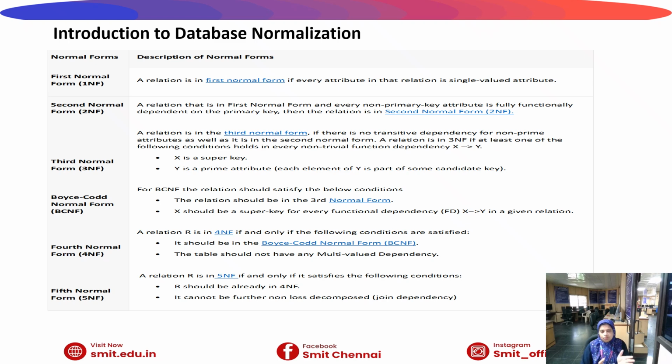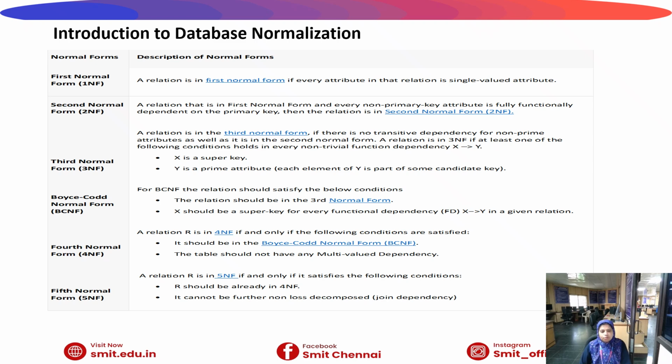Then the introduction to database normalization. Right now we have seen from the beginning first normal form, second normal form, third normal form, Boyce-Codd, fourth normal form, and fifth normal form. Each defines a description of the table and its attributes. Third normal form has no transitive dependency for non-prime attributes. Boyce-Codd satisfies the third normal form while also handling functional dependencies.